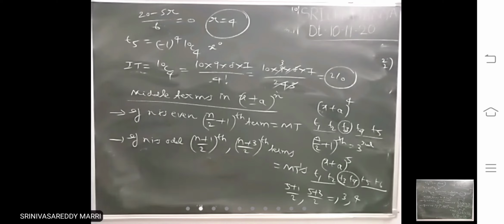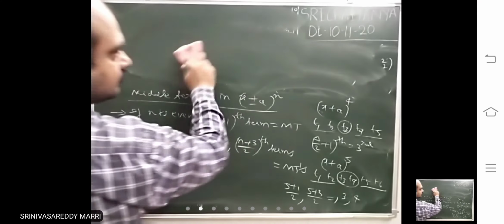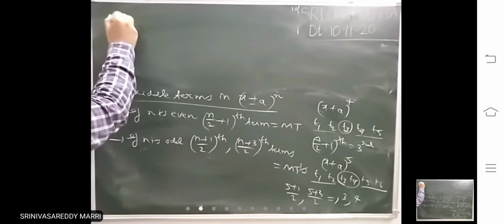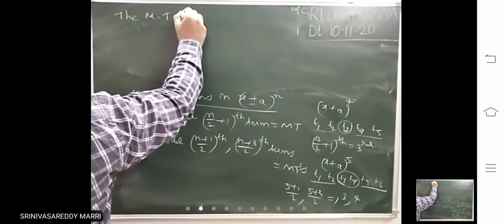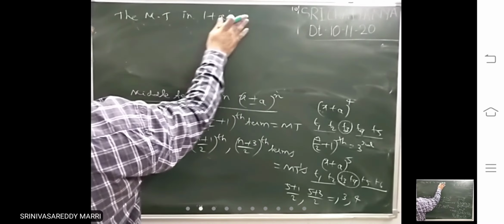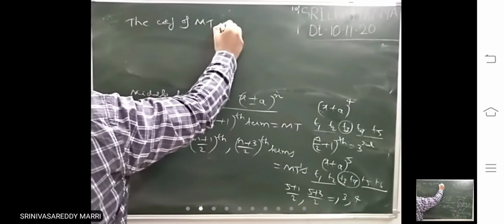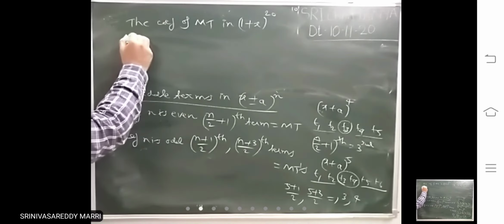Take one example. The coefficient of the middle term in (1 plus x) to the power 20 is dash.